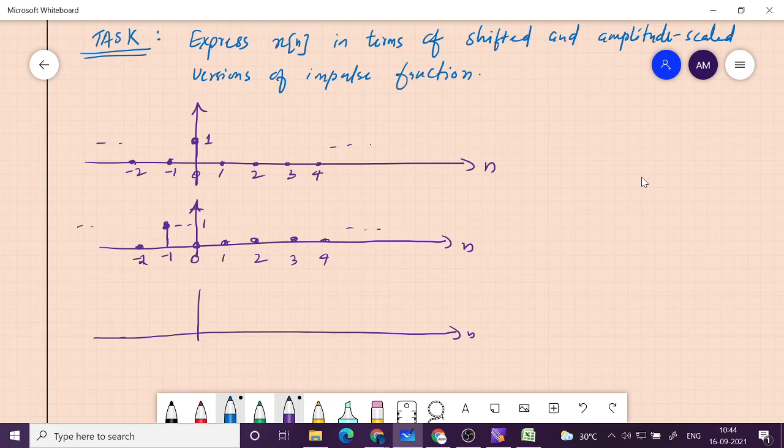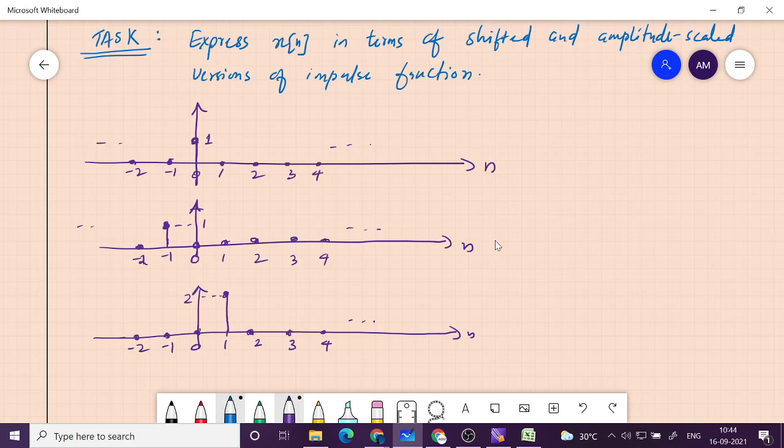Here I have a value there, and that value is 2. Here it is 0, here it is 0, here it is 0. So this is -2, -1, 0, 1, and then at 2 it is 0, at 3 it is 0, at 4 it is 0, etc. So it has only one non-zero value, that is at 1, and there it is 2.